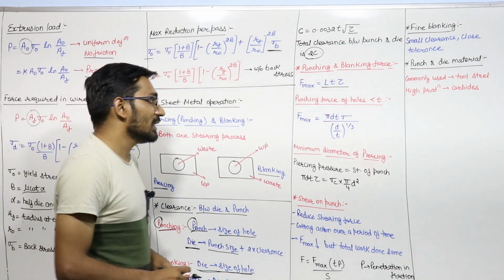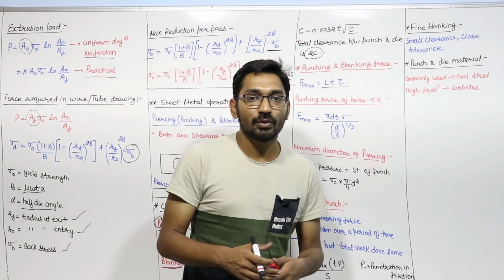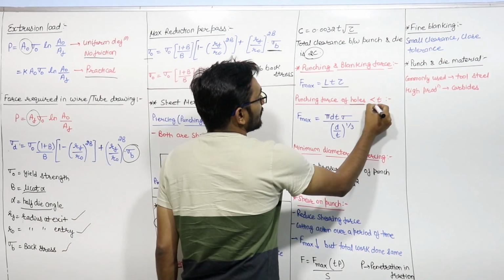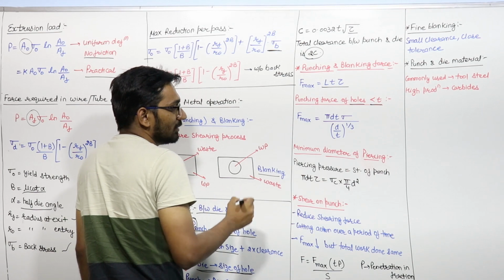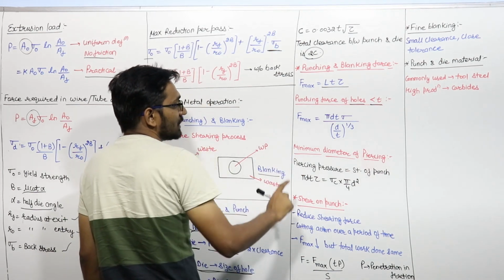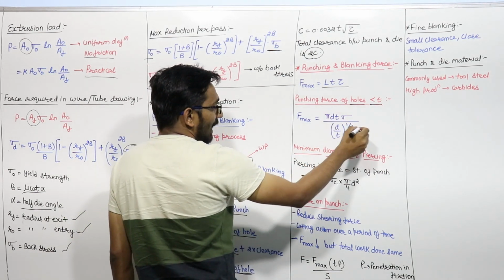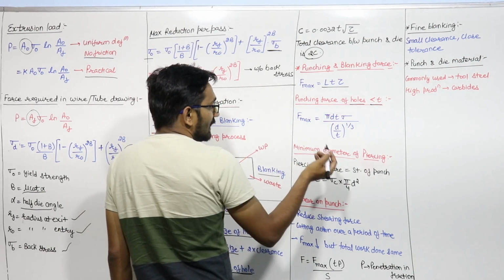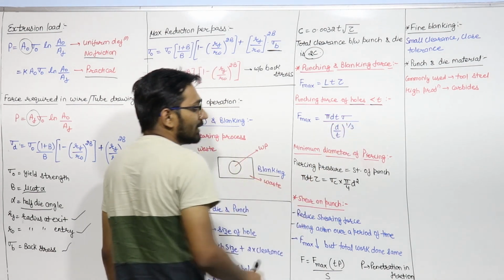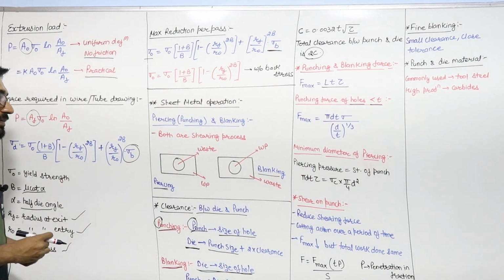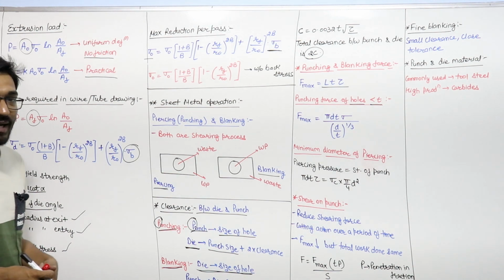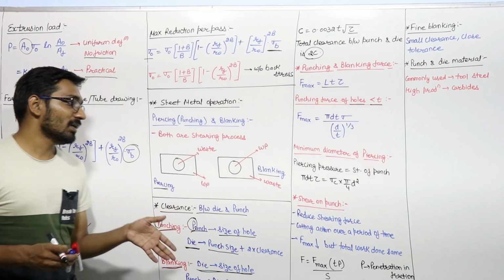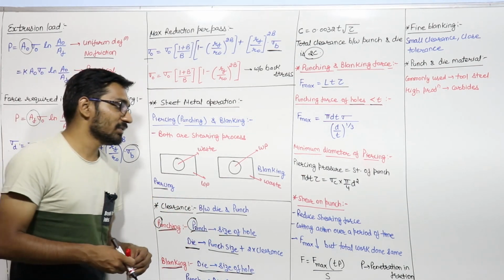And if you want to punch holes whose diameter is less than the thickness of the sheet, then the maximum punching force will be pi d t sigma, where d is the diameter of the hole and sigma is the normal stress or yield stress, divided by (d by t) raised to the power 1 by 3. This is the maximum force when the hole size is less than the thickness of the sheet. So it will be equal to pi d t sigma upon (d by t) raised to the power 1 by 3.